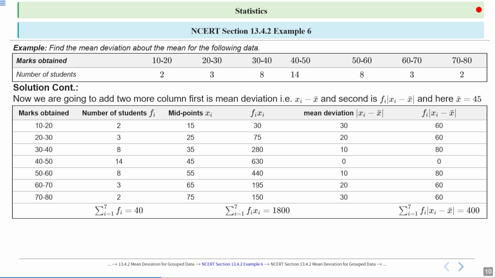Here at the bottom of this table, you can see summation i equal to 1 to 7 fi is 40, summation i equal to 1 to 7 fi into xi is 1800, and summation i equal to 1 to 7 fi multiplied with mod of xi minus x bar is 400.